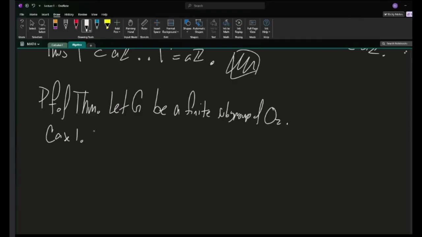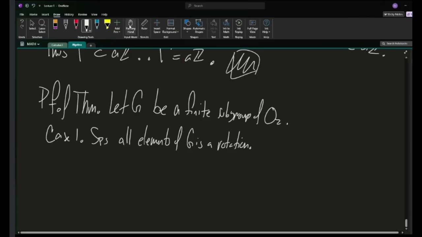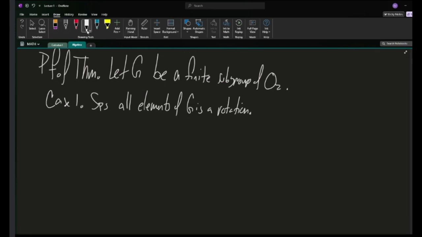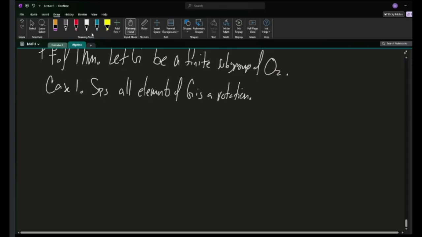Case one, suppose all elements of G are rotations. If that's the case, what we're trying to prove is that it has to be a cyclic group, which is basically the definition of cyclic groups.